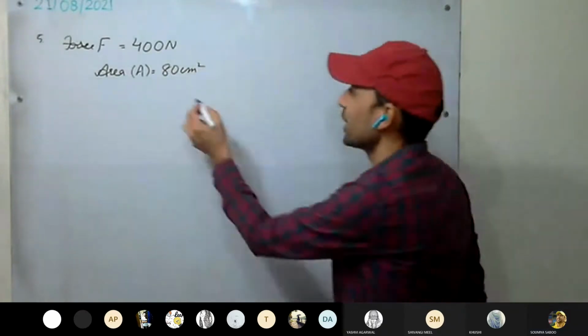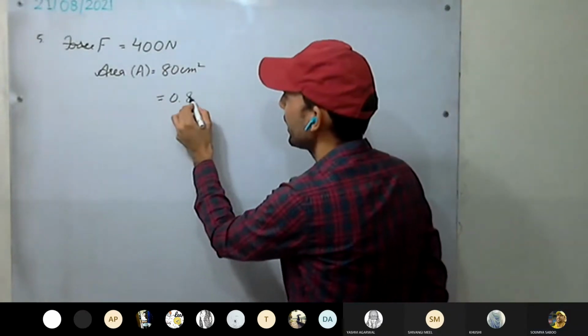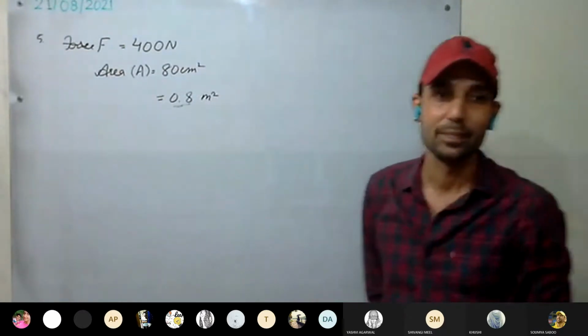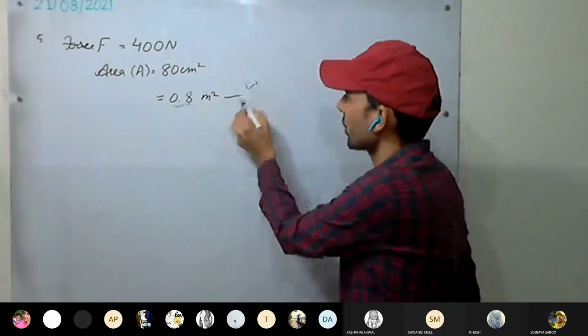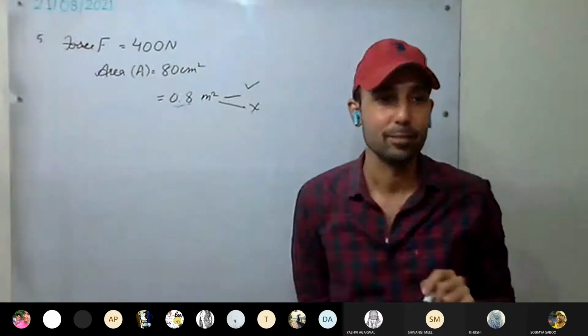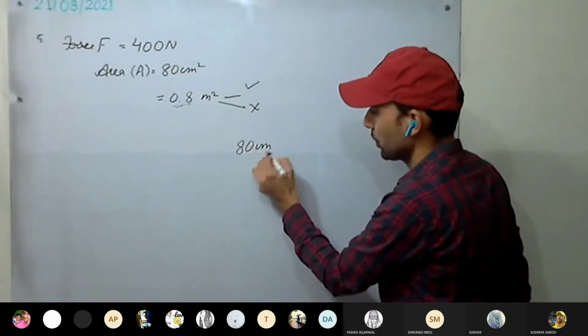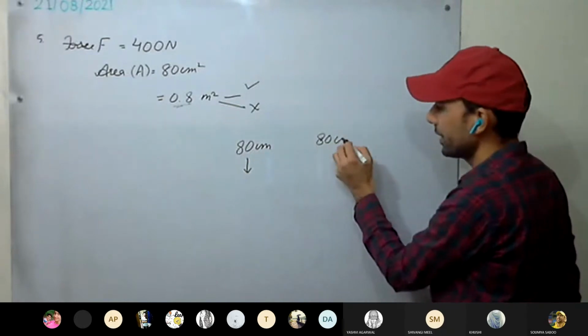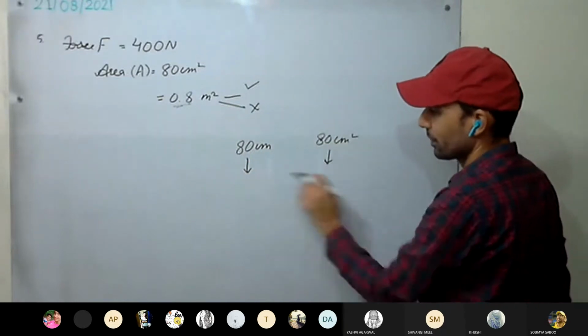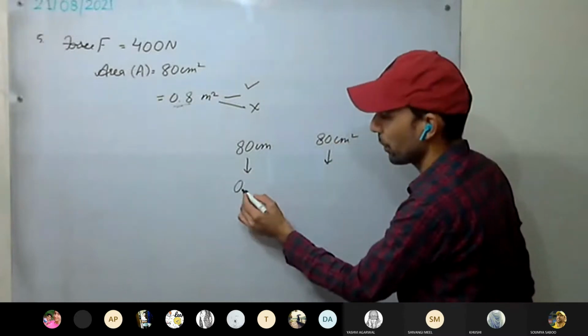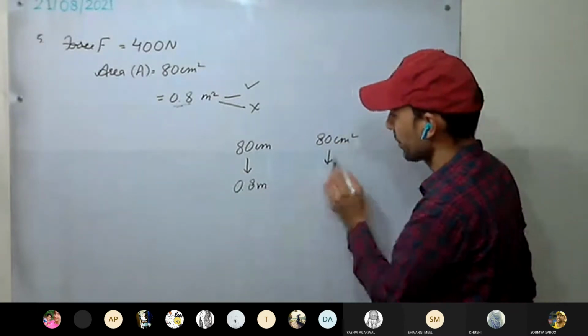Okay, see here. If you write 0.8 meter square, is there any mistake? Is it correct or wrong? Check it once. If I say convert 80 centimeter into meter and 80 centimeter square into meter square, what will you write? 80 centimeter is clear, divided by 100, 0.8 meter.